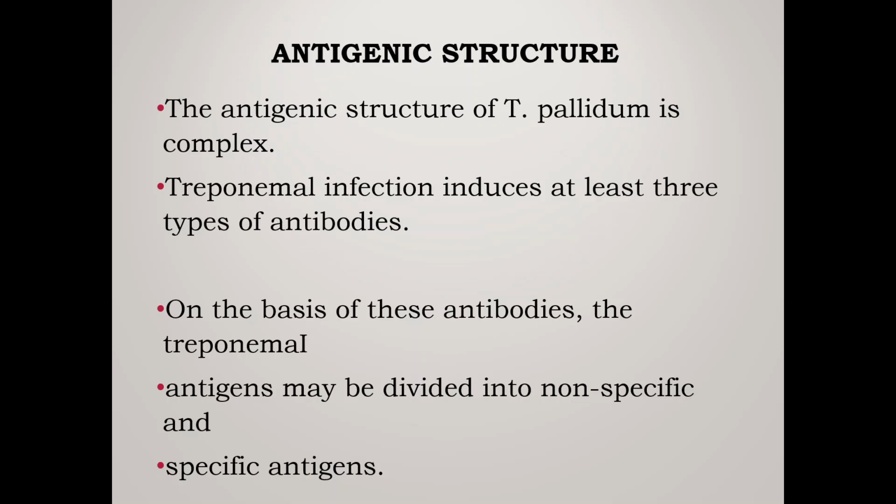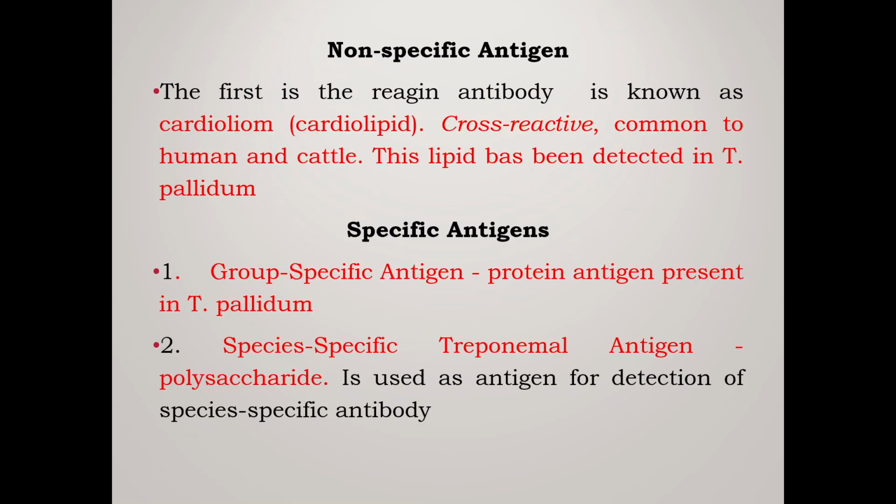Antigenic structure. The antigenic structure of Treponema pallidum is complex. Treponemal infection induces at least 3 types of antibody. On the basis of these antibodies, the treponemal antigens may be divided into non-specific and specific antigens. Non-specific antigens: the first is the reagin antibody, also known as cardiolipin, cross-reactive, common to humans and cattle.